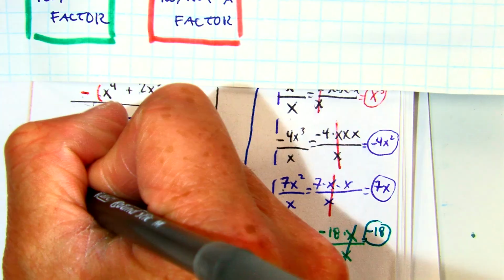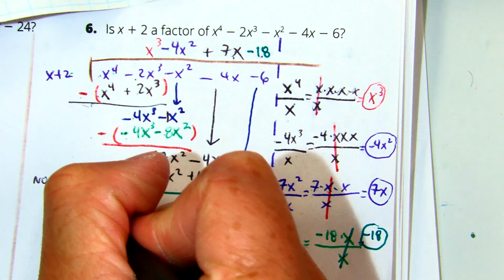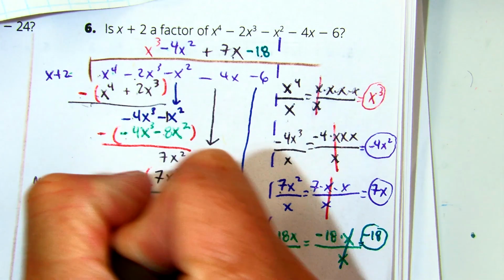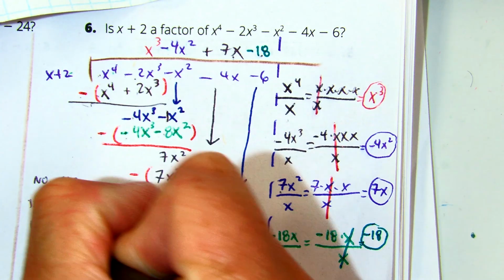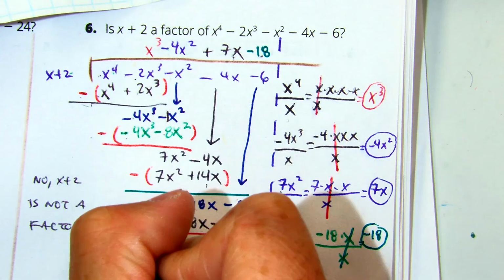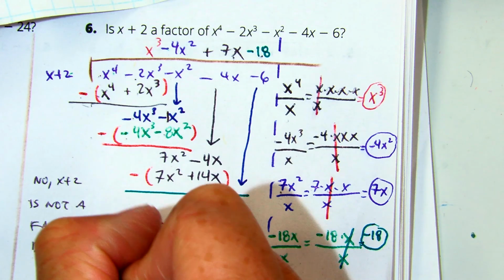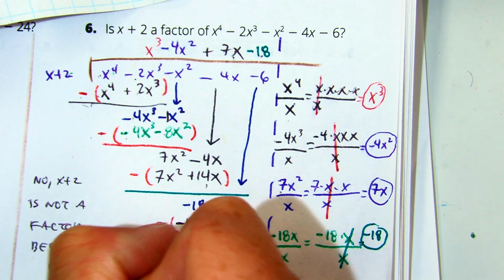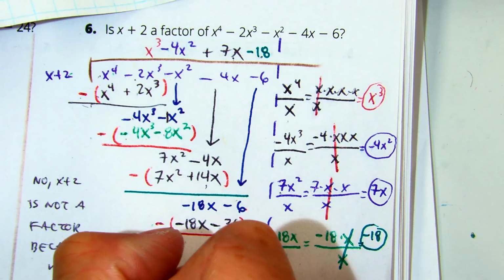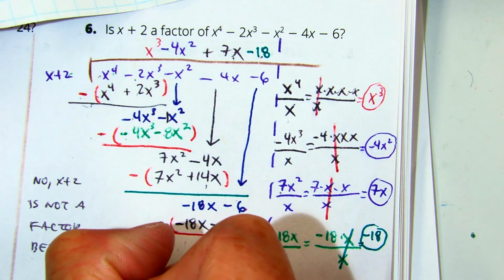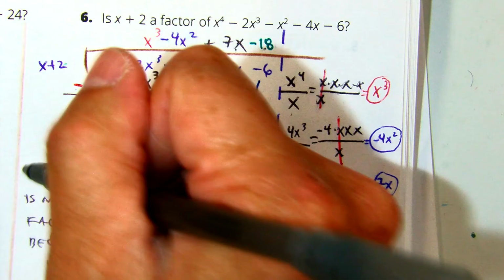No, x plus 2 is not a factor because your r value is equal to 30. That is our statement.